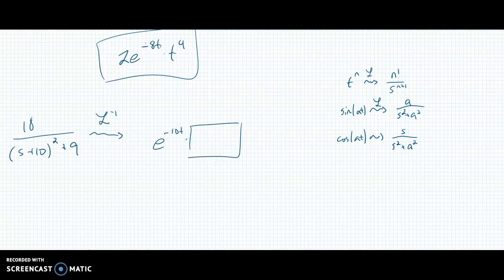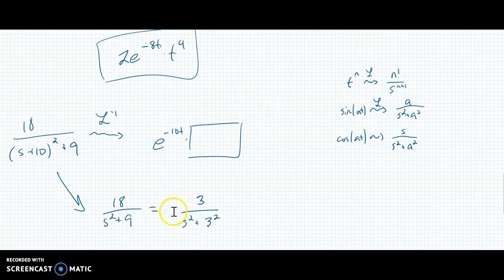Now all I've got to do is figure out that something. So I'm going to take this and write it without the s plus 10. What's that give me? 18 over s squared plus 9. And that's actually in a sine of at form. I just have to figure out the values of all these things. So I'm going to write it as over s squared plus, well, 9 is 3 squared, so I'm going to write my 3.